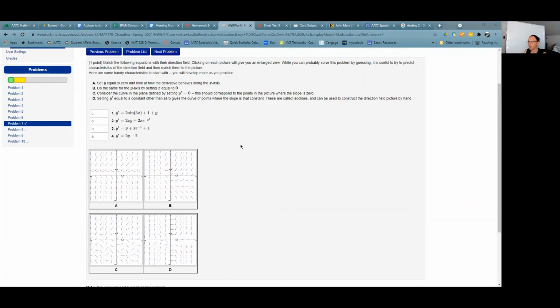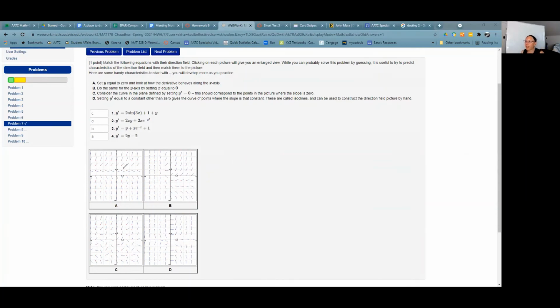But I wanted to talk through kind of what I was looking at for these slope fields. The very first thing that I try to find when I'm looking at the picture for a slope field is a place or places where it looks like the slope is flat, a slope of 0.